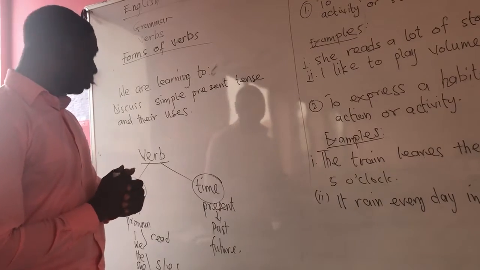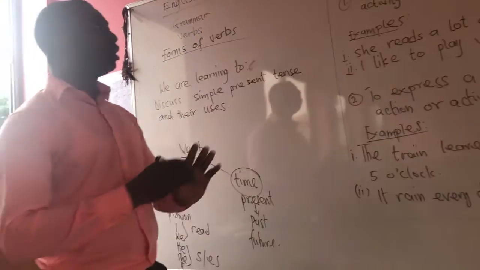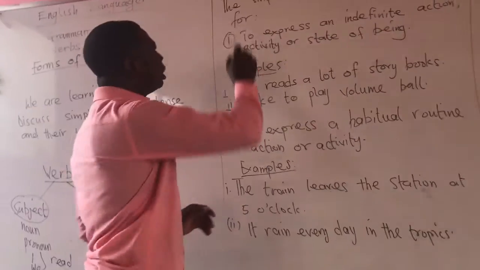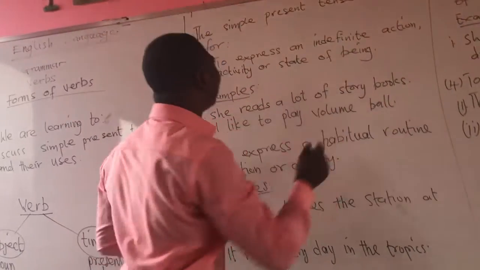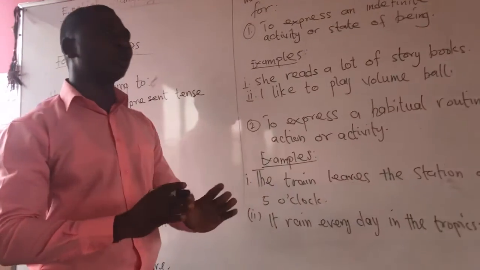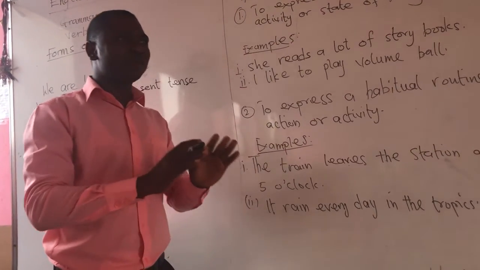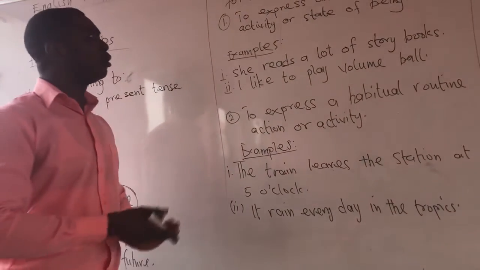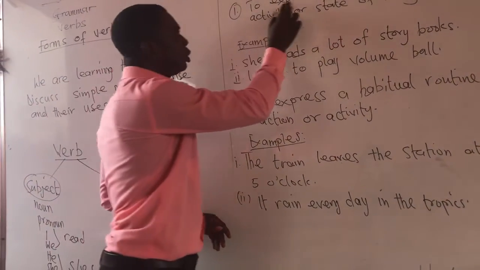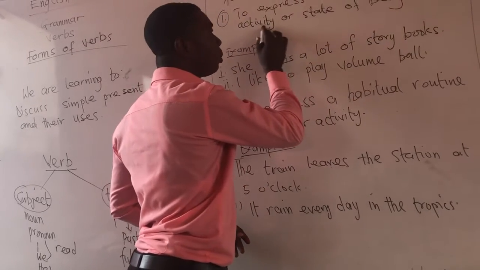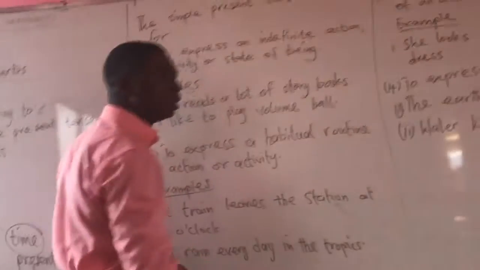One thing I also want to take note of is that the verb in the present state is used in some ways. We use the simple present tense for certain things. First, to express an indefinite action, activity, or state of being.